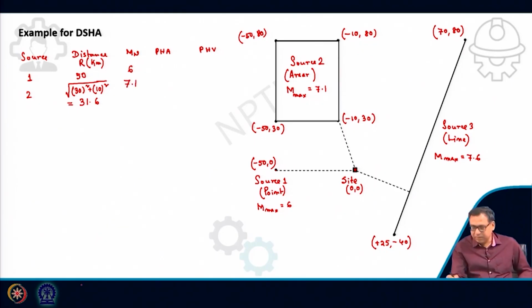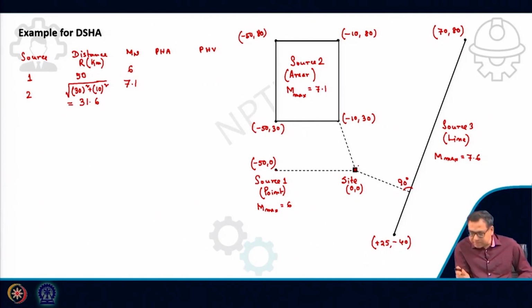And for the third one, I know the coordinates. So what I have to do is draw all these coordinates in a proper scale, draw this line source, and draw a perpendicular line from the site to the line source, and that will give me the closest distance.